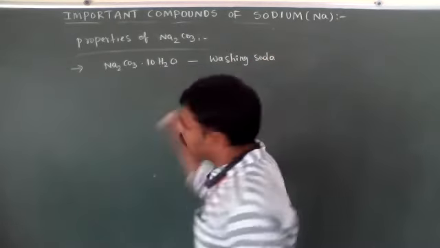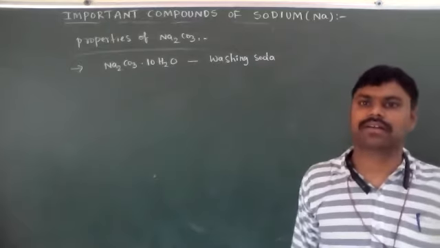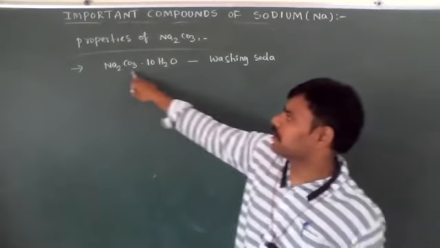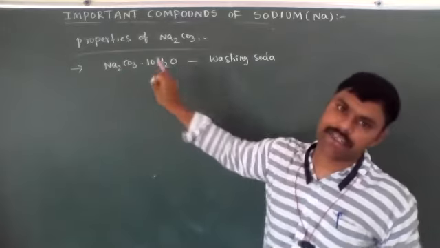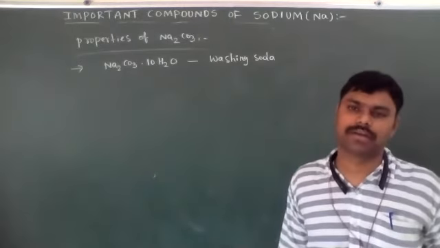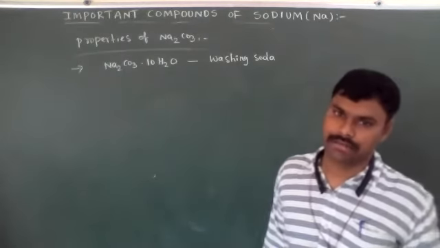Okay, what is the chemical formula of washing soda? The washing soda chemical formula is decahydrated, Na2CO3 10H2O, or decahydrated sodium carbonate is known as washing soda.